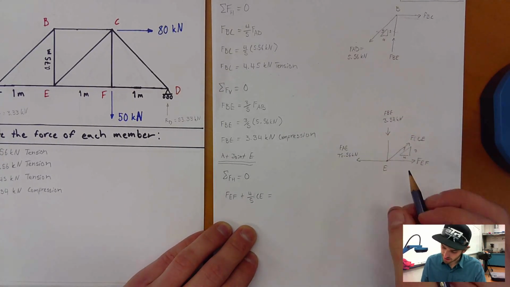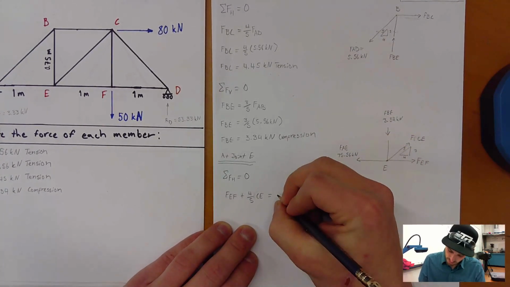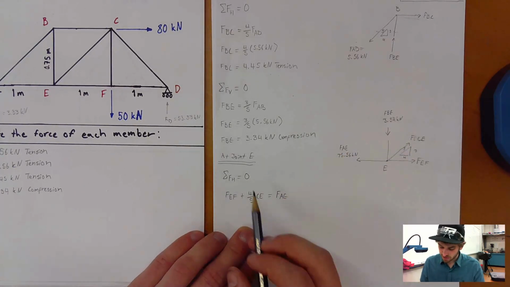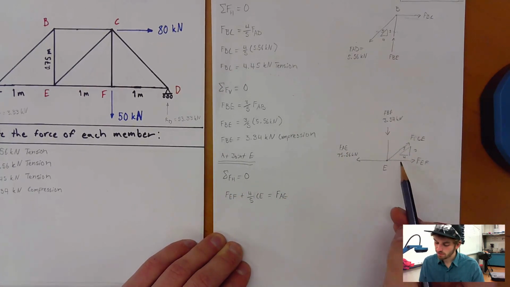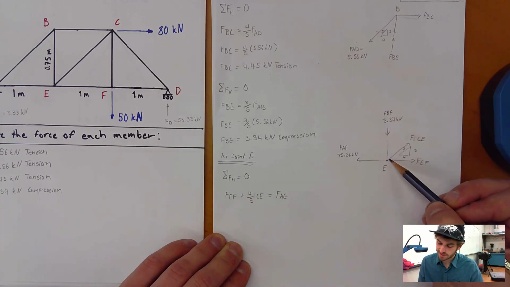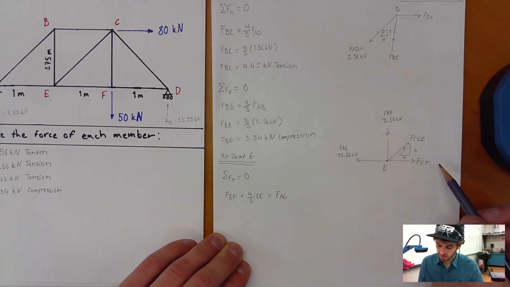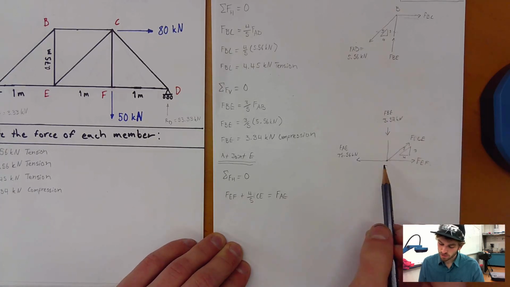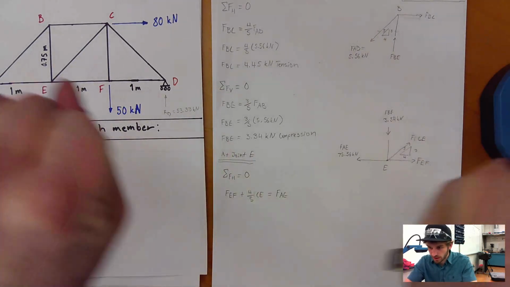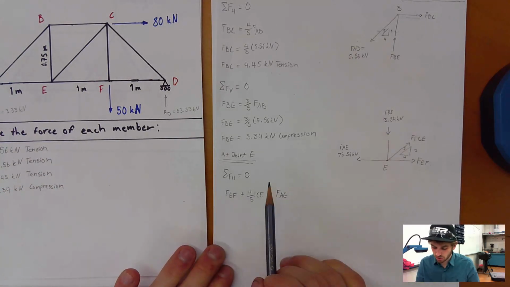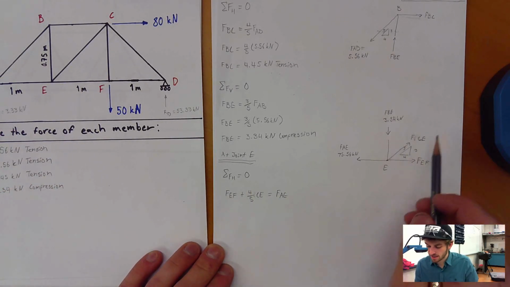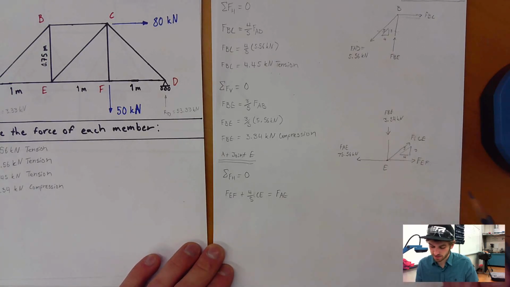FAE. Why did we get FAE? Okay, so the sum of the forces. We have a force acting this way. We have a force acting this way. We don't know either of these forces. We have a force acting this way. So the forces need to be equal and opposite. They're all acting in opposing ways, obviously.